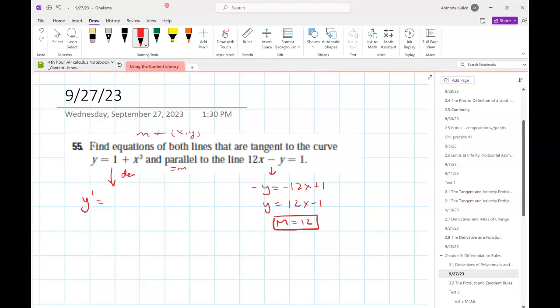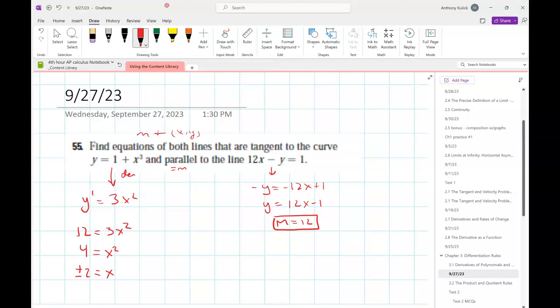So if I take the derivative of y, and then I plug 12 in and solve for x, that'll give me the location, or the x's in y, where the slope of the tangent line there is 12, right? That's what I'm looking for. So I divide both sides by 3, and then we'll square root both sides. So those are my x's.